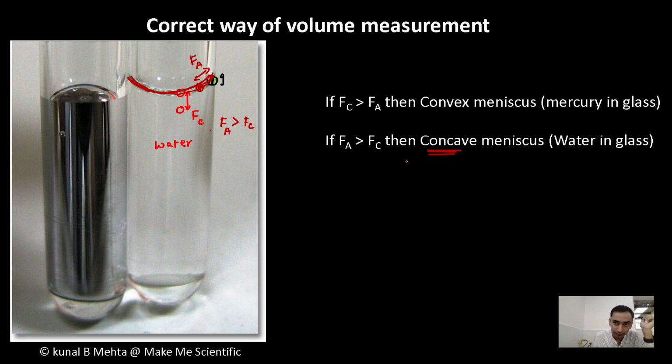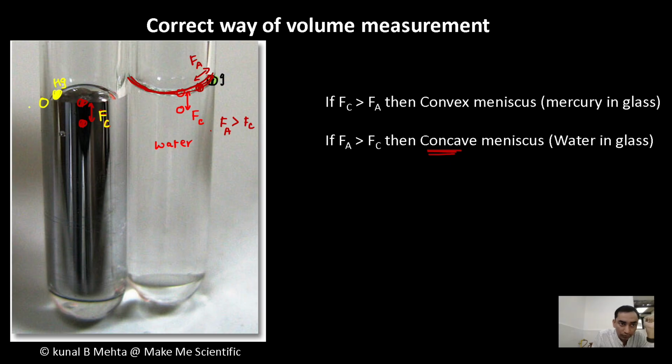Now, when the glass test tube is filled with mercury, these are two mercury molecules. They have cohesive force between them. I would write Fc. And over here, suppose you have the glass and another molecule of mercury.